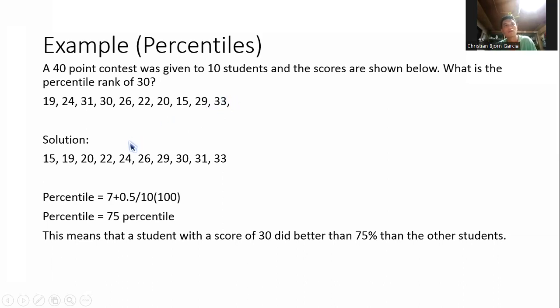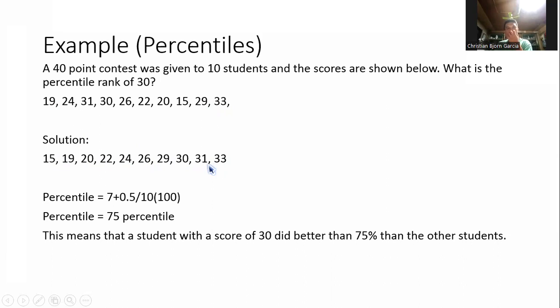Now, for the solution, first we need to arrange the data in ascending order. So 15, 19, 20, 22, 24, 26, 29, 30, 31, and 33.